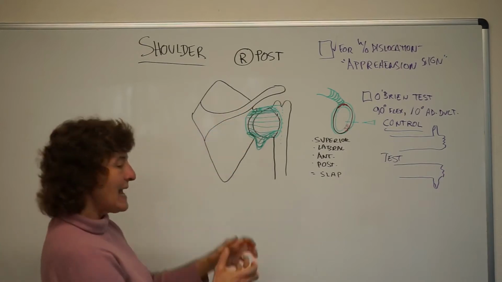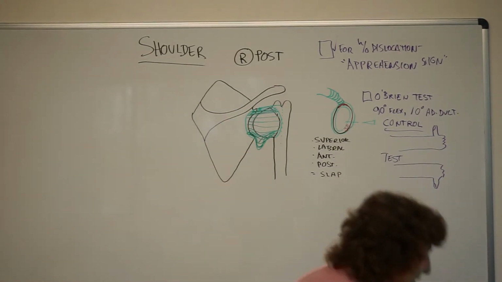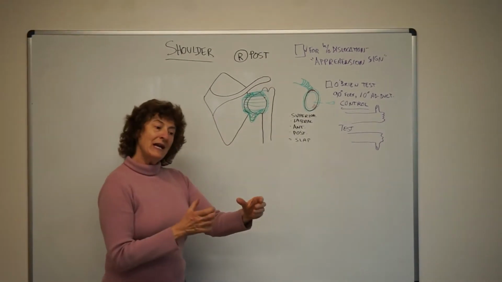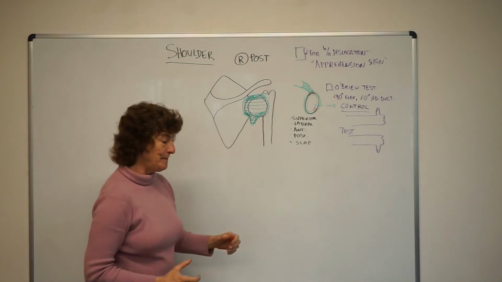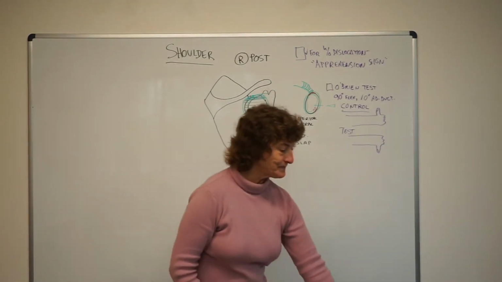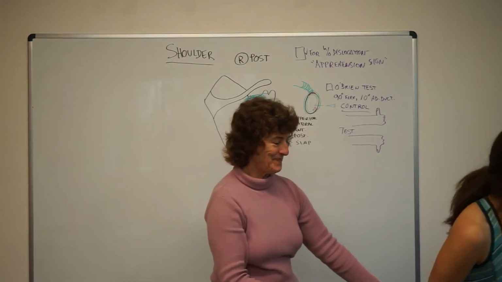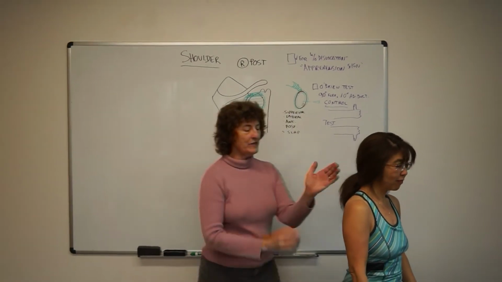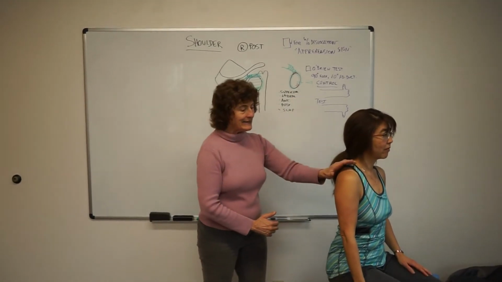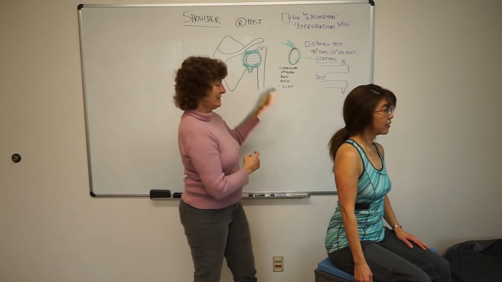So we can test the capsular integrity by doing a passive anterior-posterior glide. So I'm going to use one hand to stabilize the scapula, because that's where the glenoid is.